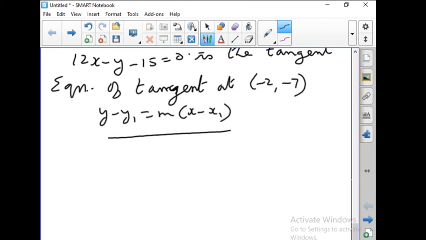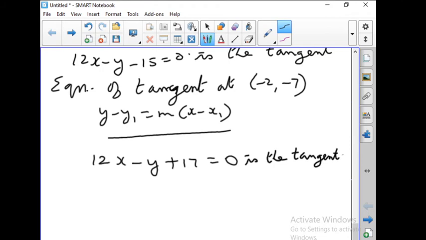I am leaving this step, and I am writing only the final answer. So the final answer is 12x minus y plus 17 is equal to 0. Substitute and simplify and find the answer. So this is the tangent. You have to complete it.